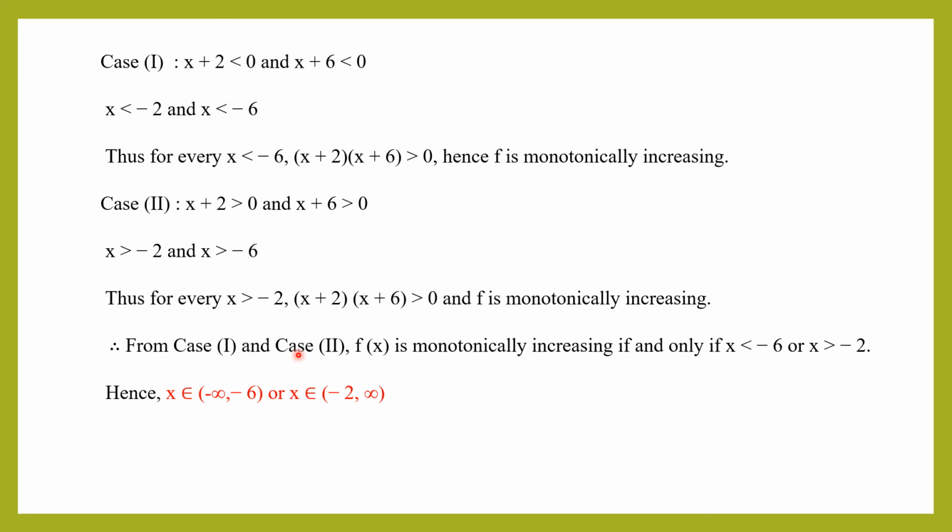Therefore, from case first and case second, f of x is monotonically increasing if and only if x is less than minus 6 or x is greater than minus 2. Hence, x belongs to minus infinity to minus 6 or x belongs to minus 2 to plus infinity. This implies f is monotonically increasing.